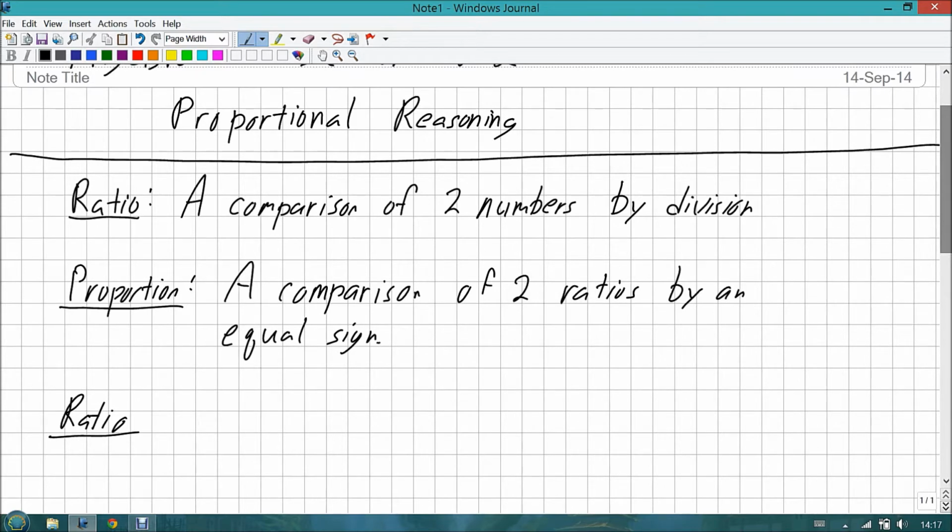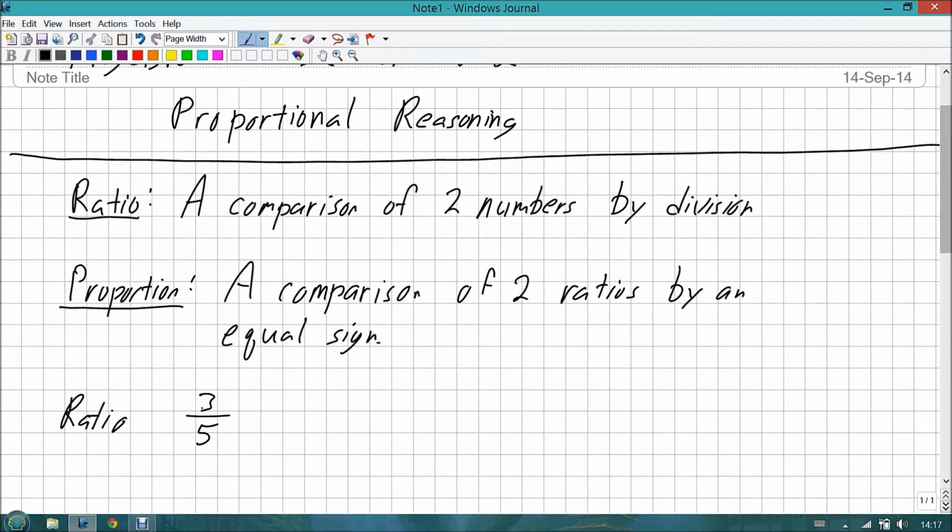All right, a ratio would be something like 3 to 5. So 3 over 5 would be a ratio. We have 3 red cars for every 5 green cars.